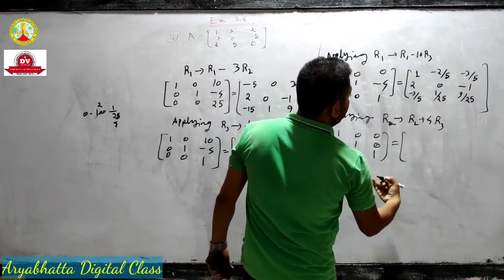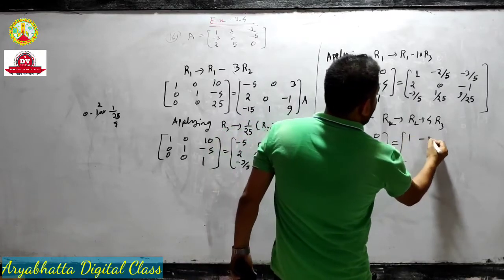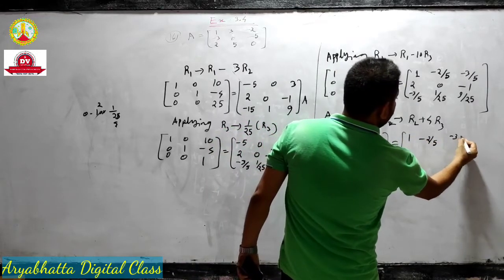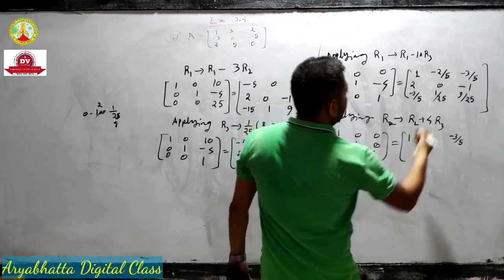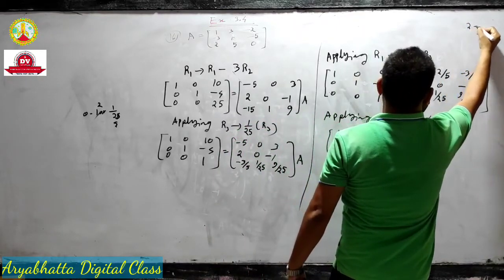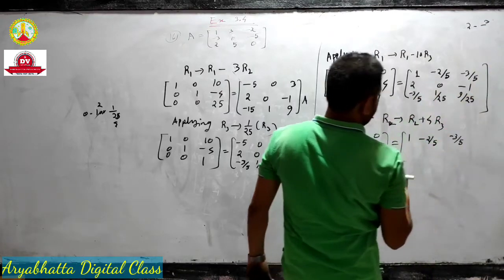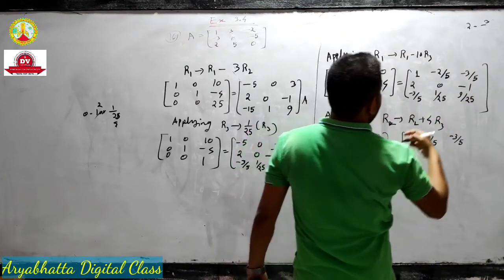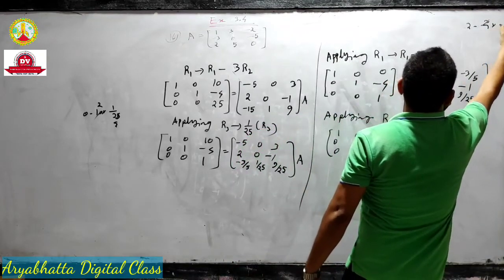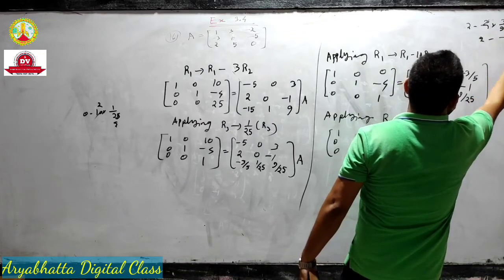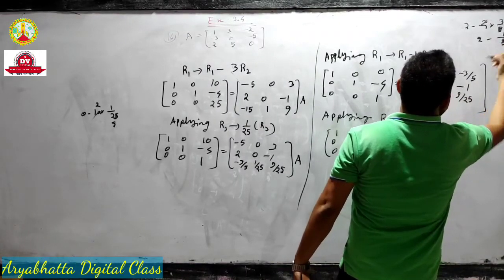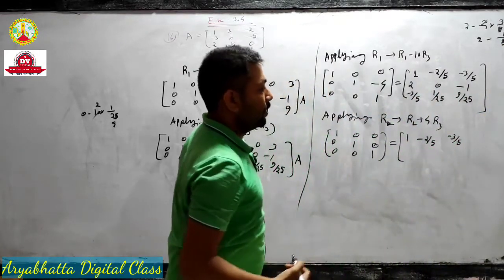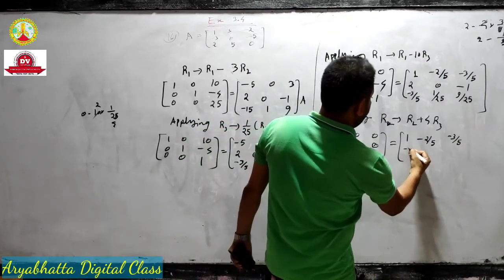This is equal to 1, minus 2 by 5, minus 3 by 5. R2 is minus 3 by 5 plus 4 into 3 by 5, 12 by 5, minus 2 by 5.